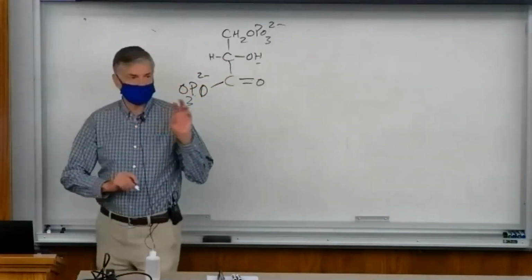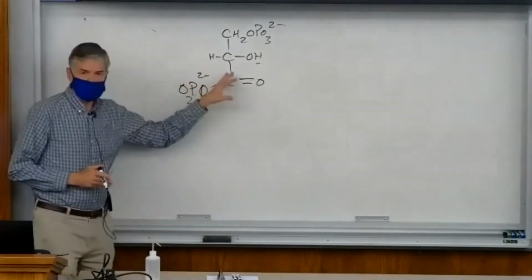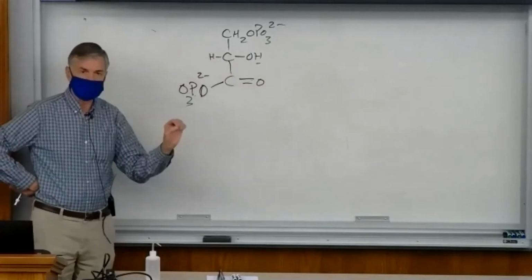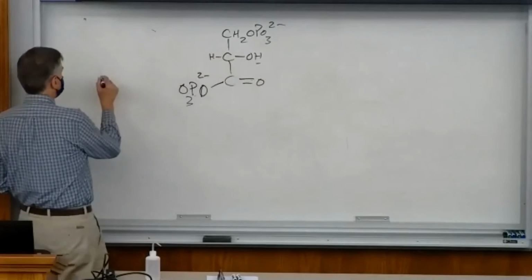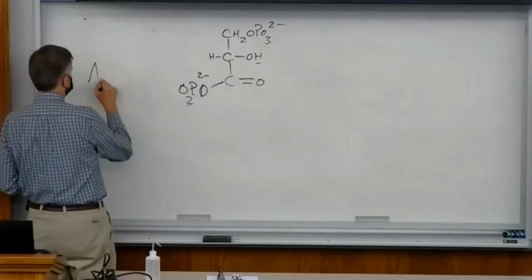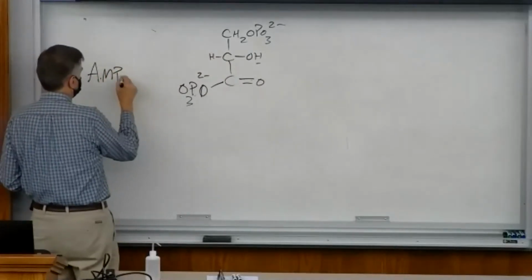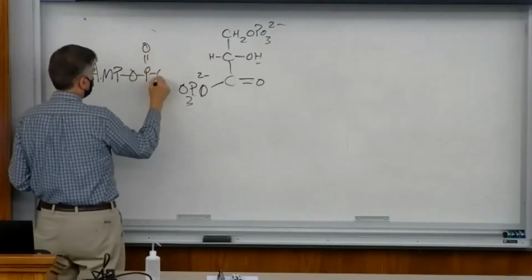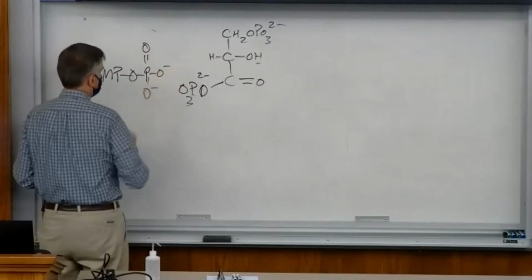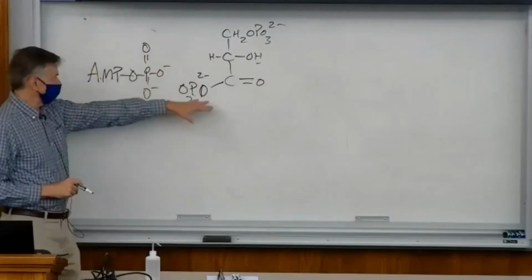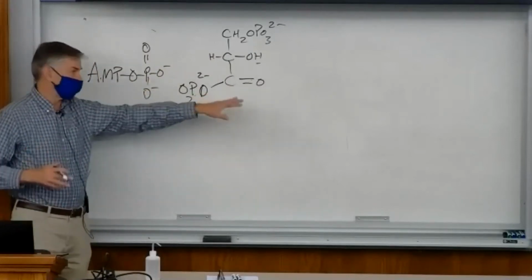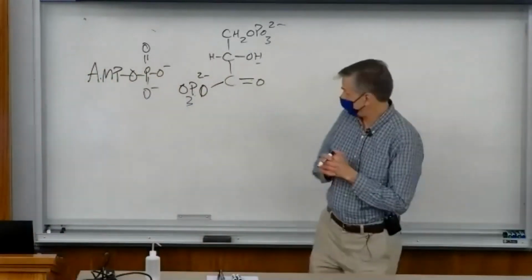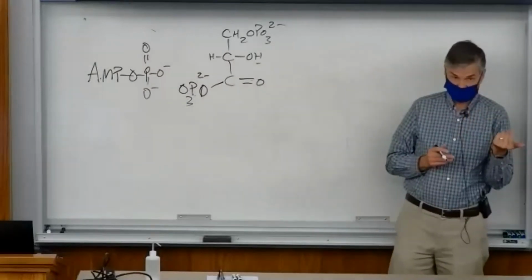In step 7, there is an enzyme, phosphoglycerate kinase, which is going to present an ADP. So let me simply draw ADP, and it's going to bind as the second substrate this 1,3-bisphosphoglycerate.